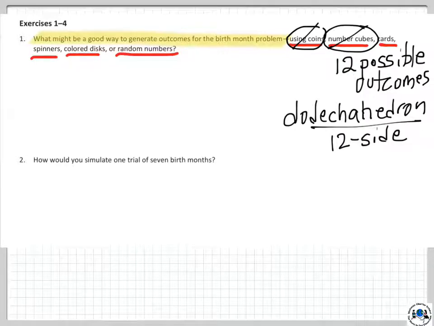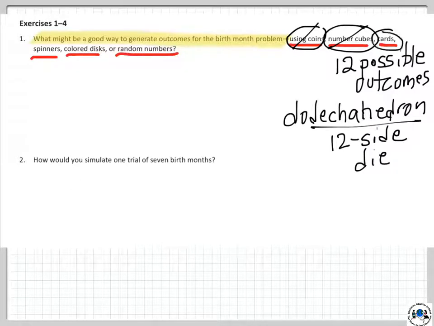That would work. Each side could represent a month. It's usually numbered 1 to 12 or 0 to 11. But beyond that, that's probably not something you would have put down.